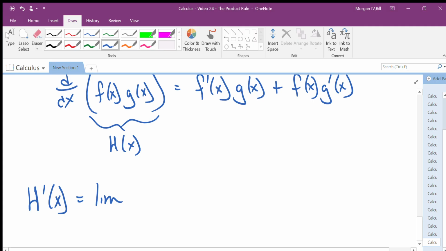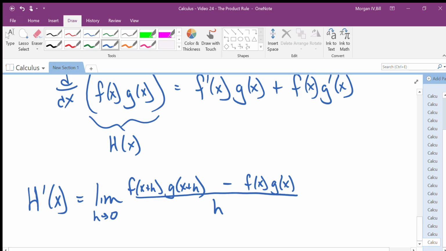Therefore, capital H prime of x is equal to the limit as lowercase h goes to 0. And now when we do the f of x plus h, every x value gets an x plus h. So it's f of x plus h times g of x plus h, minus the original function, which is f of x times g of x, all over h.